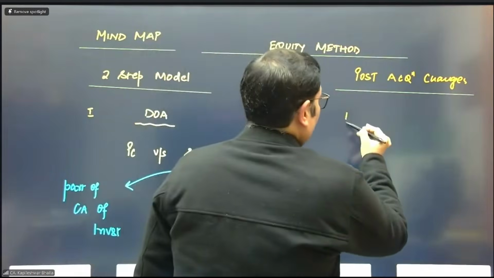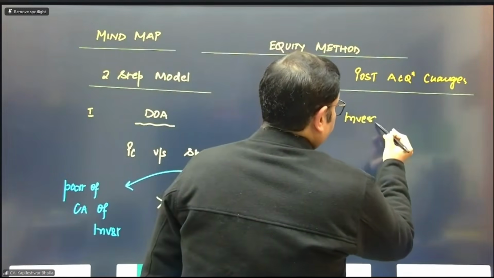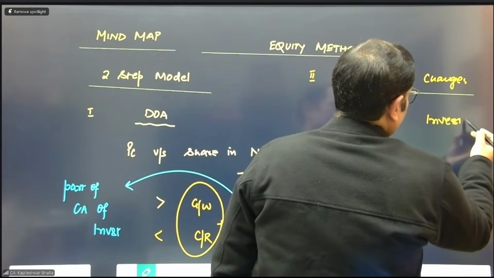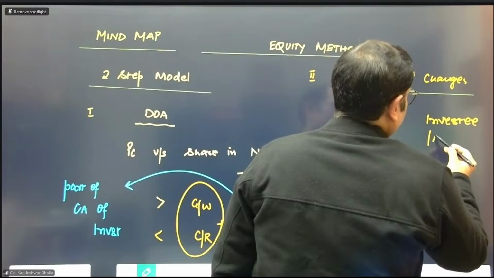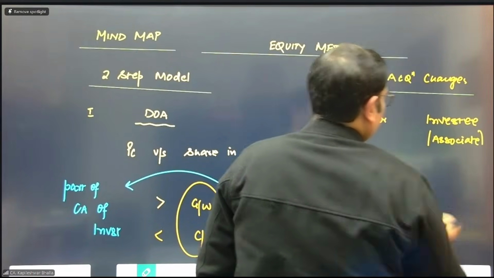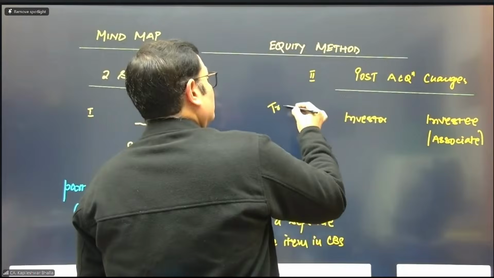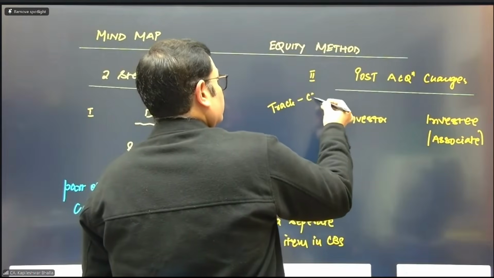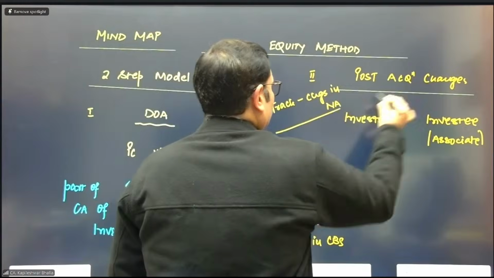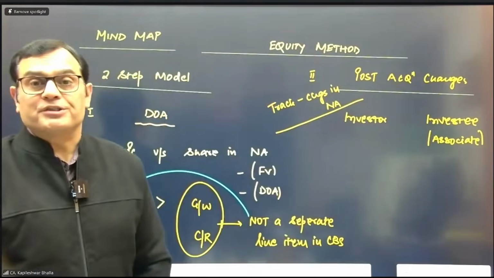You can say on one hand is the investor, and on the other hand is the investee, or you call it an associate company. So what you need to do in step 2 is basically track the changes in the net assets.